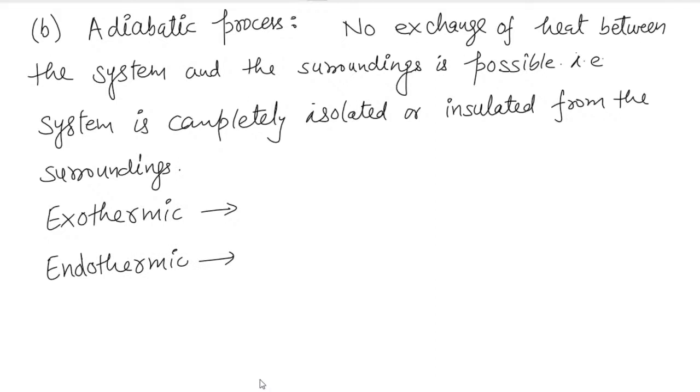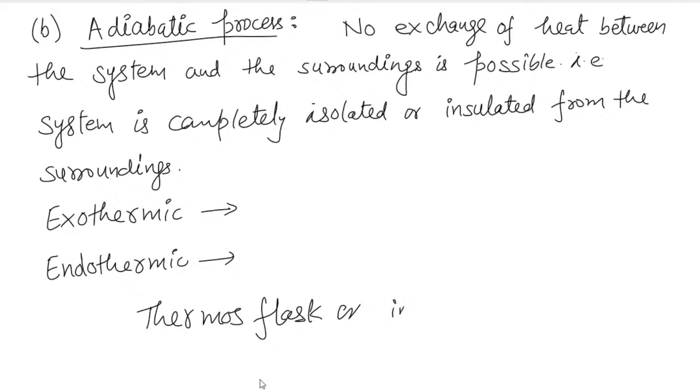Yes, the process is adiabatic. That means if we take a thermos flask or any insulated container and an exothermic reaction takes place or an endothermic reaction takes place, what would happen?